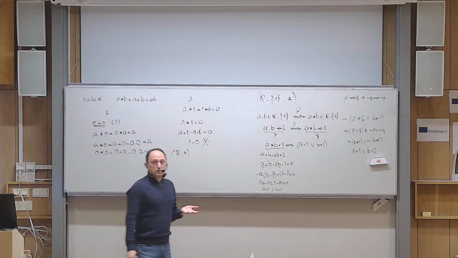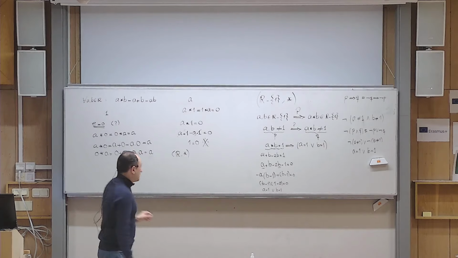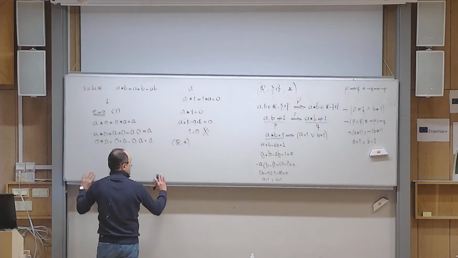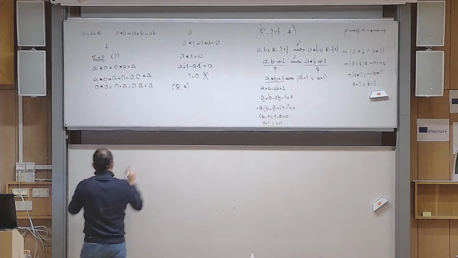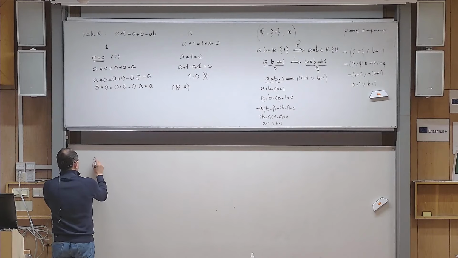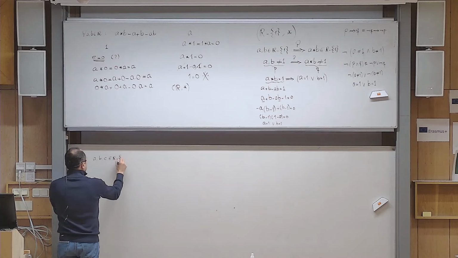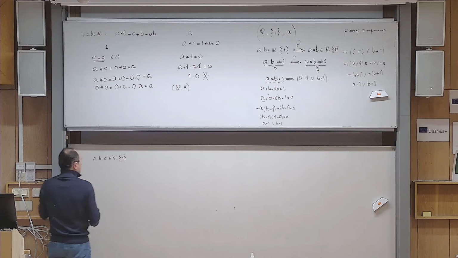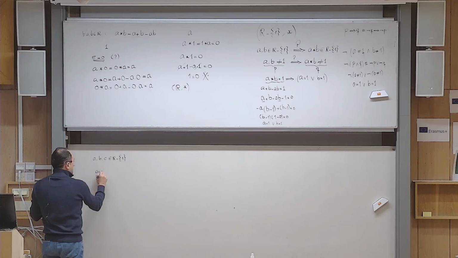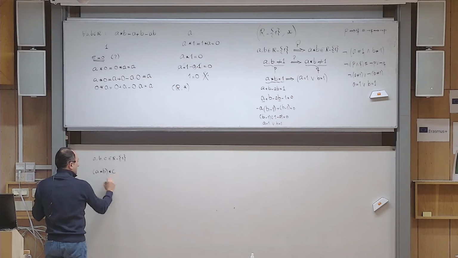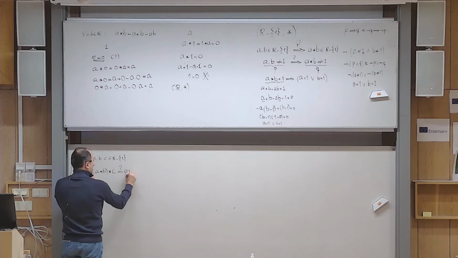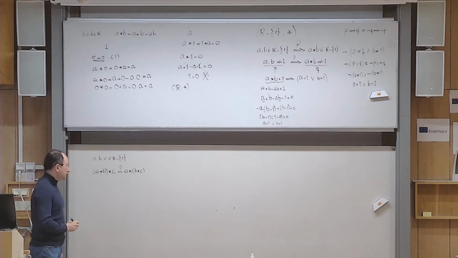The next axiom is associativity. So how should I check that? Okay, so I would say that if A, B, and C are all coming from this new set, I want to convince myself that A star B first and then star C becomes equal to A separately with the result of B star C. I need to convince myself about that.